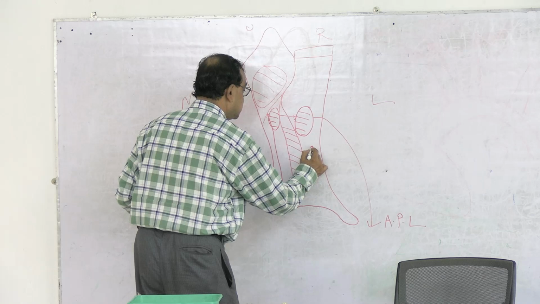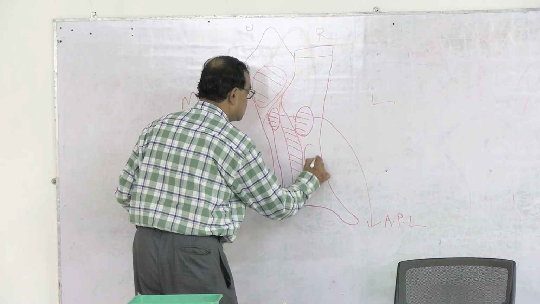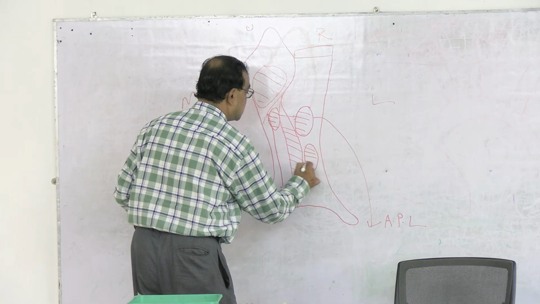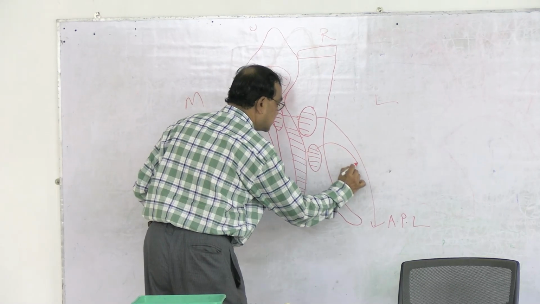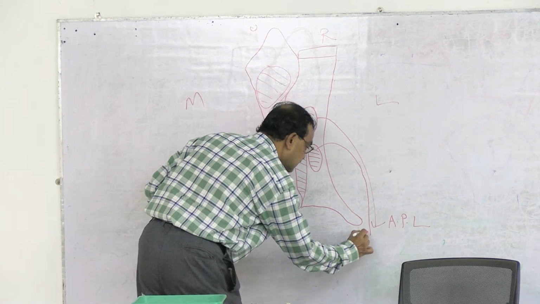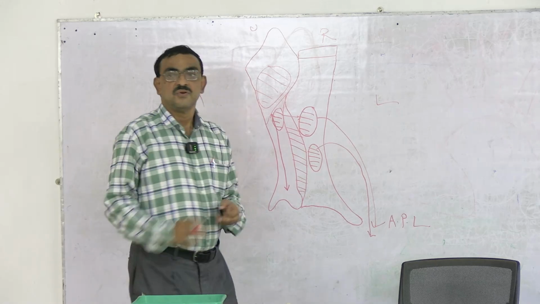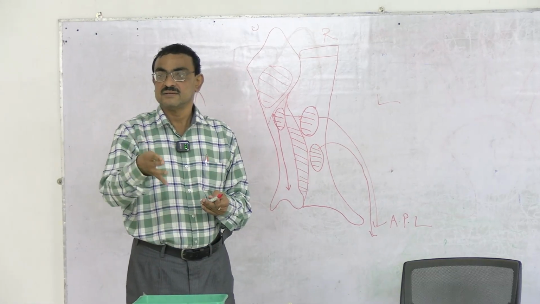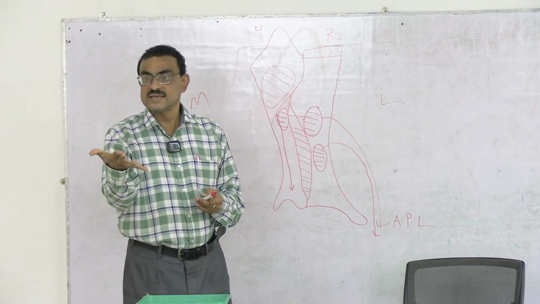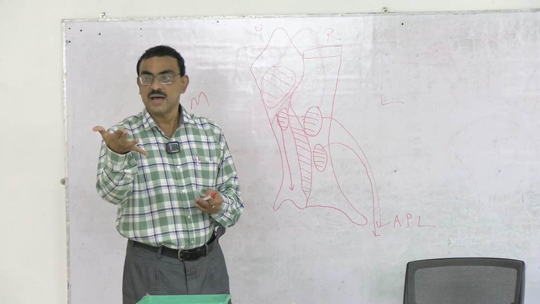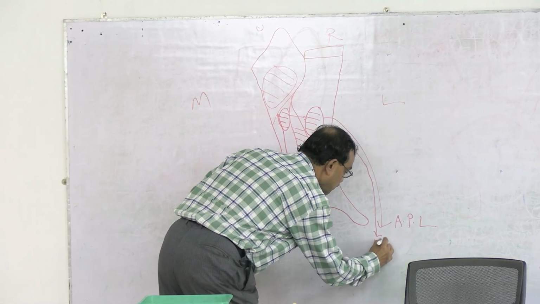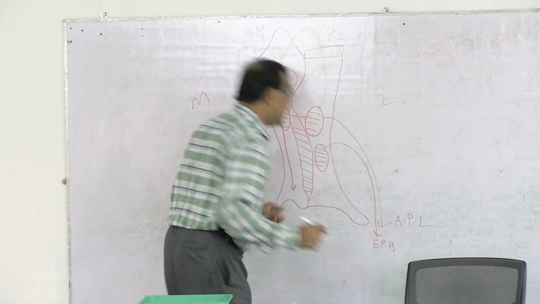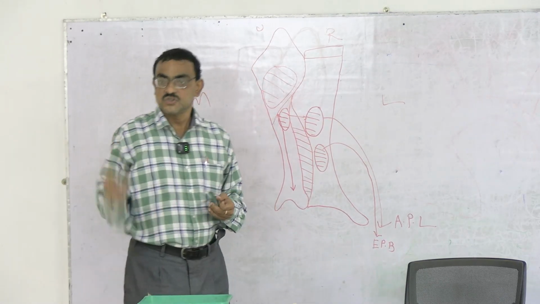Another muscle is taking origin from here, which is also going hand in hand with abductor pollicis longus, and causes extension of the thumb. So extensor pollicis brevis, a short muscle.